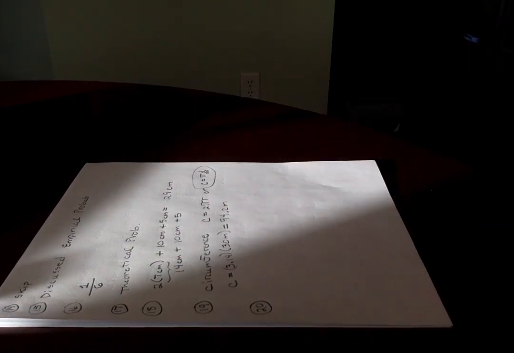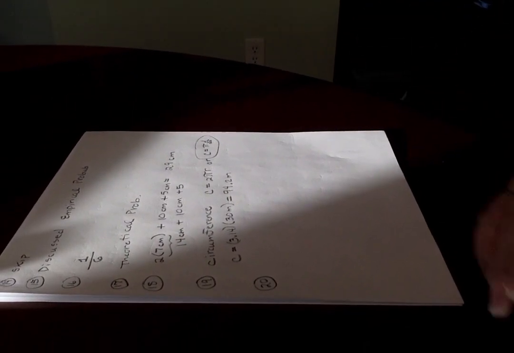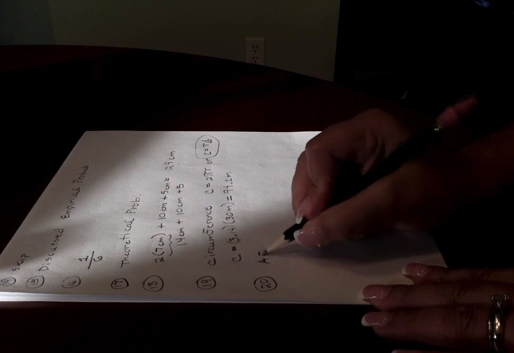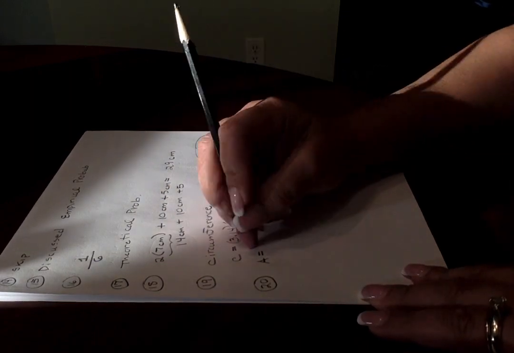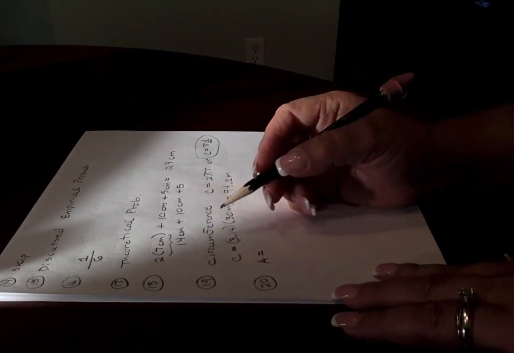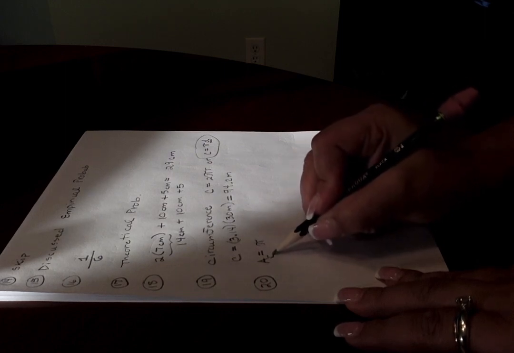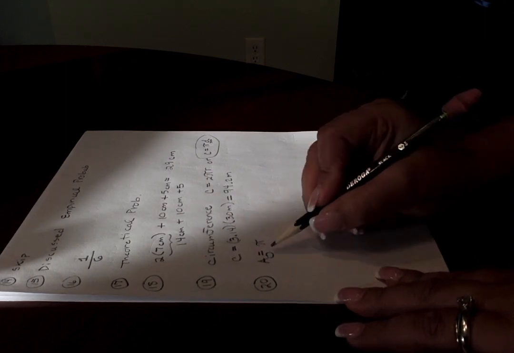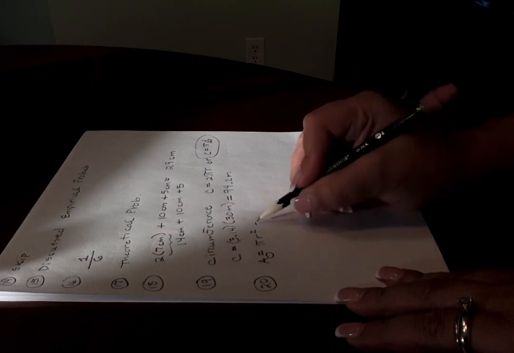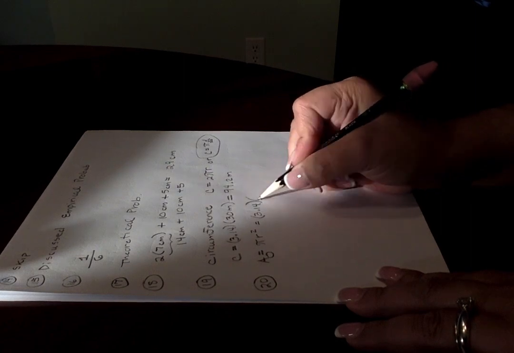In problem number 20, you are finding the area of a circle. And in the picture, you are given a radius of 4.8. The formula, you're going to need all the formulas for area based on their shape. For a circle, it's pi times r squared. They ask you to use 3.14 for pi.